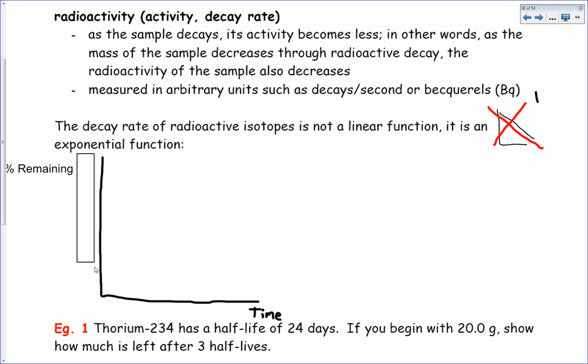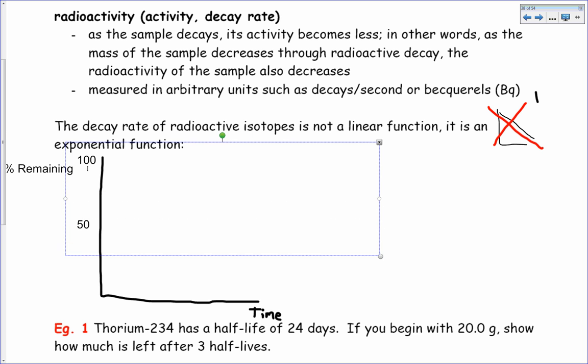So if I draw a text box here at the top, this would be 100%, and then down here at the middle would be 50% left, and right at the bottom would be 0% left.